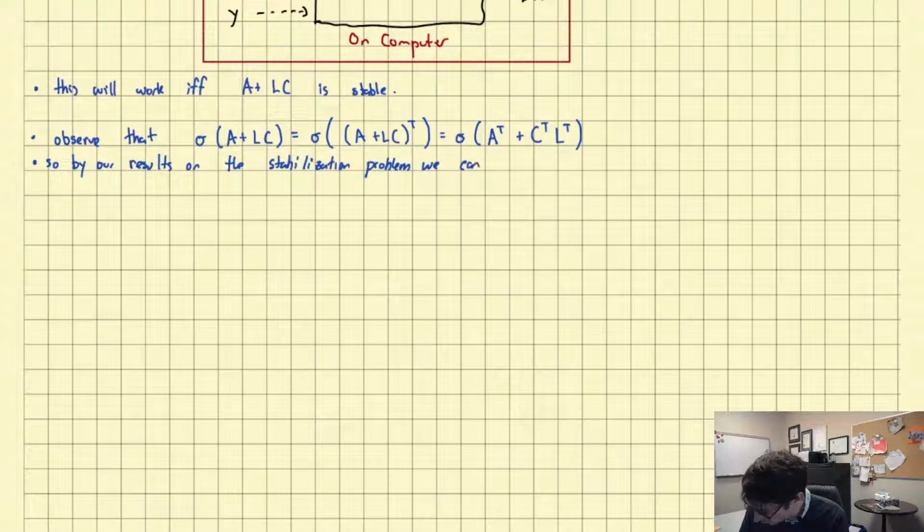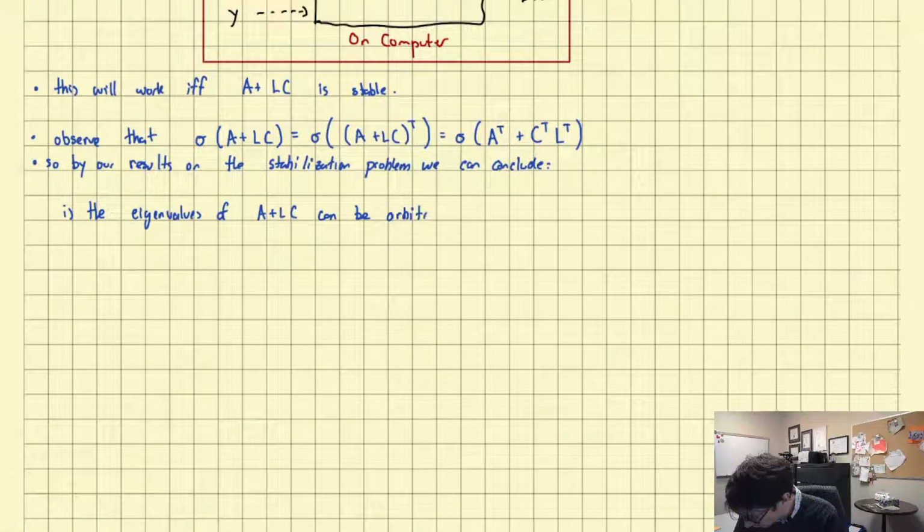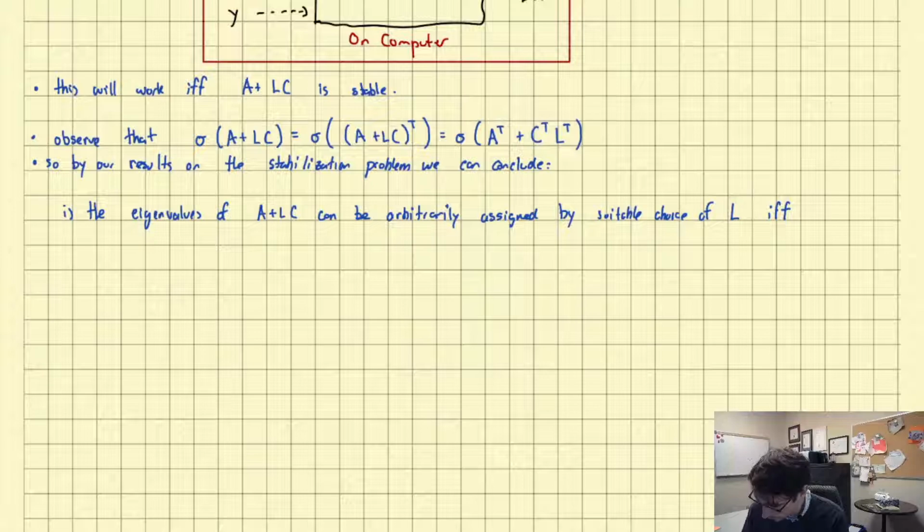we can conclude what? That the eigenvalues of A plus LC can be arbitrarily assigned by suitable choice of L if and only if, again, looking at this expression above, we need that the pair A transpose C transpose be controllable.